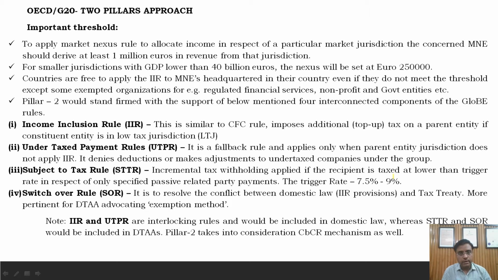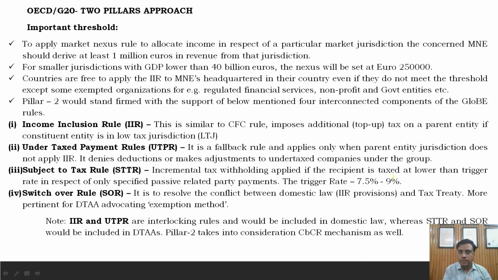Dubai, UAE has already adopted 9% corporate tax, but that is different. OECD says the domestic tax should be as per the model rule, then it will be treated as taxation under this. Otherwise, the 9% corporate tax in UAE will not fall under Pillar 2.